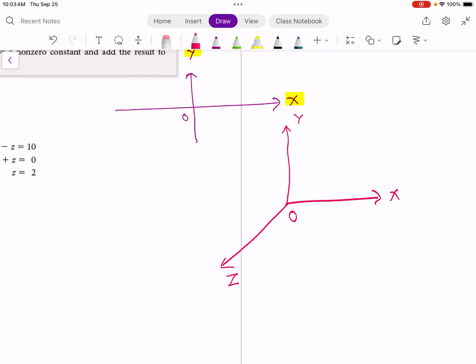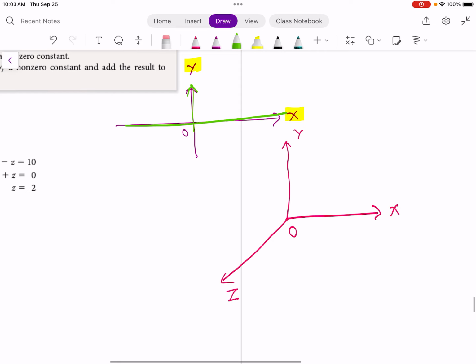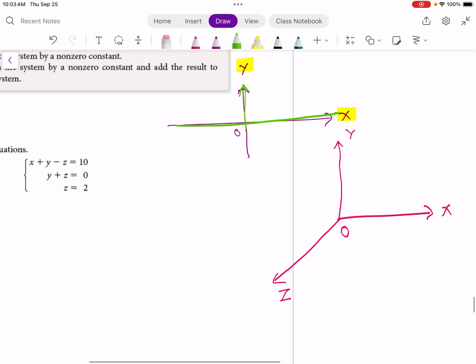So we are trying to solve equations with three variables. If we have two variables, we only have a horizontal axis and a vertical axis. Now we have three axes: x-axis, y-axis, and z-axis.